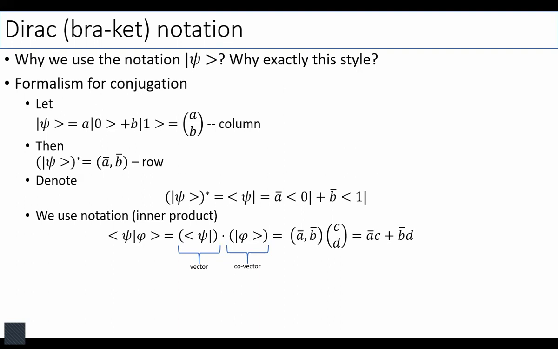A row multiplied by a column: thinking that this is a matrix 1 by 2 and this is a matrix 2 by 1, they should give you a matrix 1 by 1, so a number. So this is the philosophical notation.